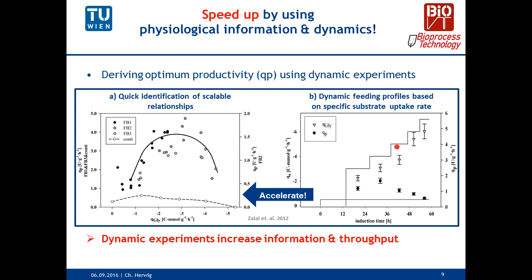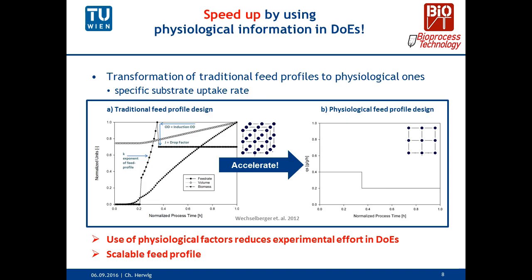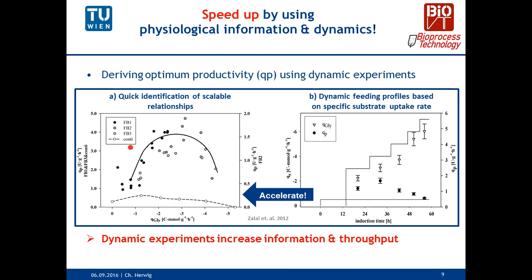That means we can adjust the specific growth rate or the specific substrate uptake rate in one experiment in a dynamic way, and we can, for example, quantify the specific titer here, and you can run 3 experiments only to get to this kind of dependency of the specific titer on the specific substrate uptake rate. That means when we go back, we would have needed 11 experiments. When we go to the dynamic design, we only have 3 experiments to be done. So this is another acceleration of process development.